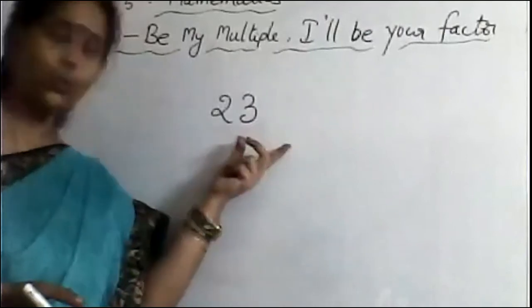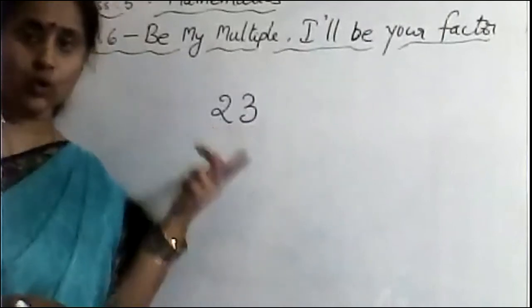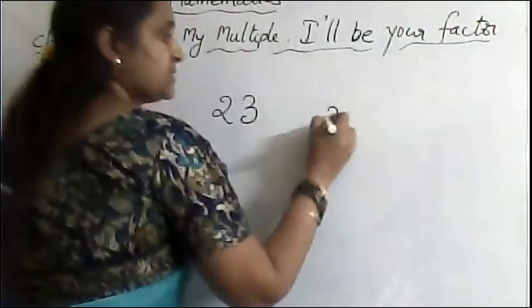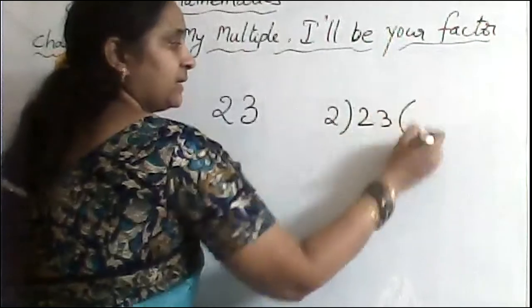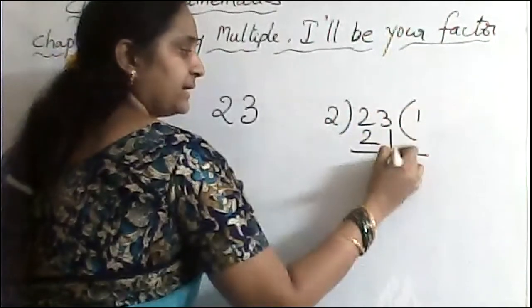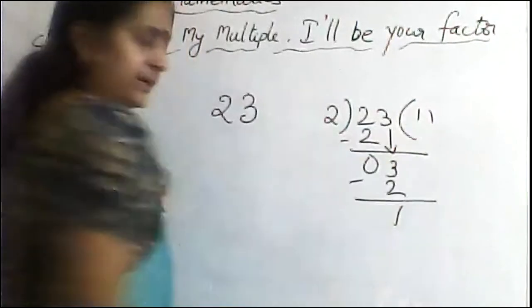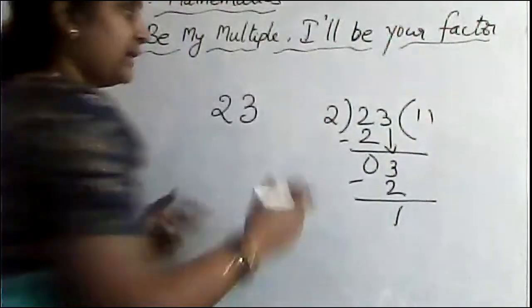If you take 2, we cannot divide. 3, no. 4, no. We are getting a remainder. See here, 23 divided by 2: 2 ones are 2, bring down 3, getting 1 remainder.